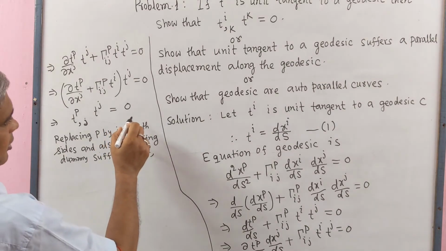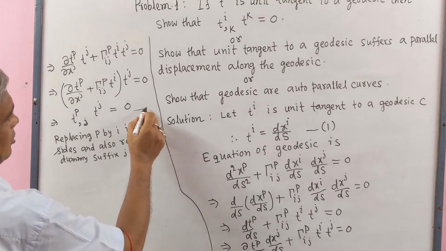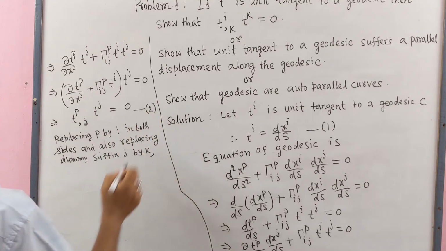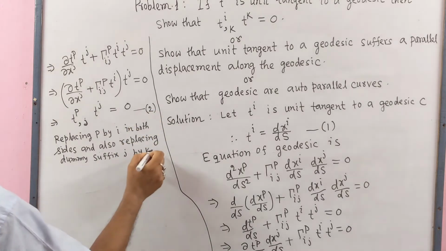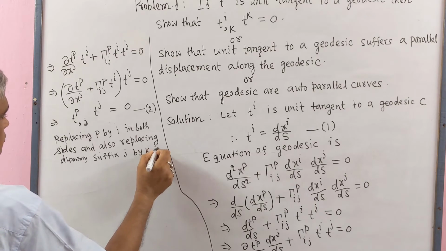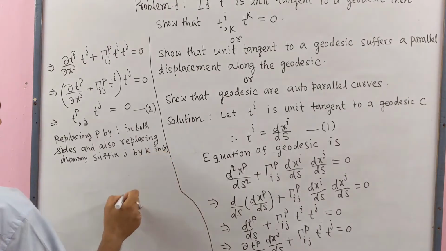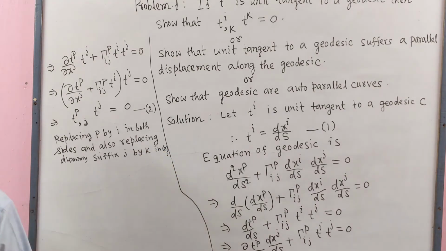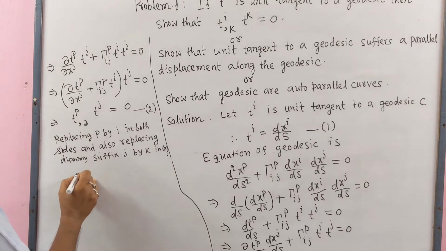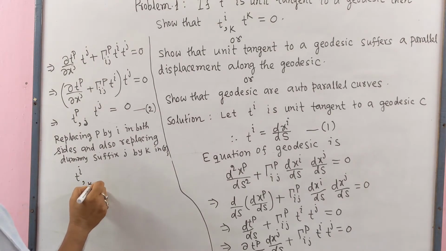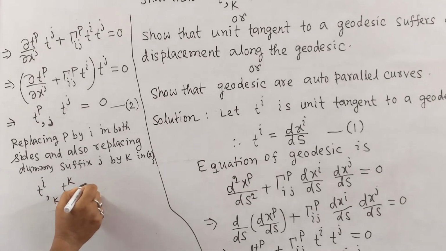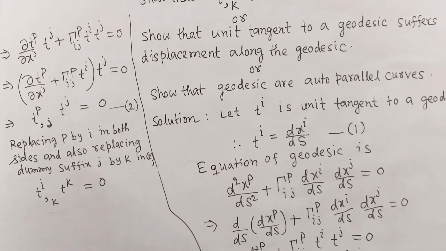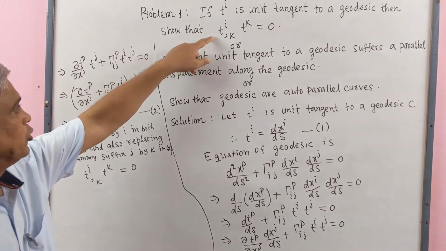This is number 2. In 2, we get Ti comma k tk equals 0. So this is proved.